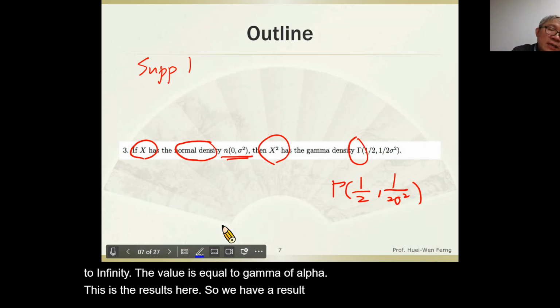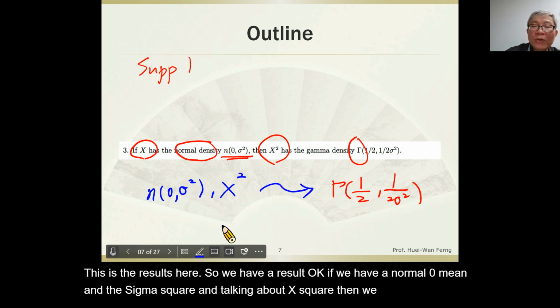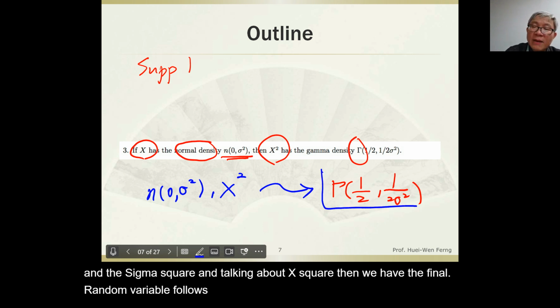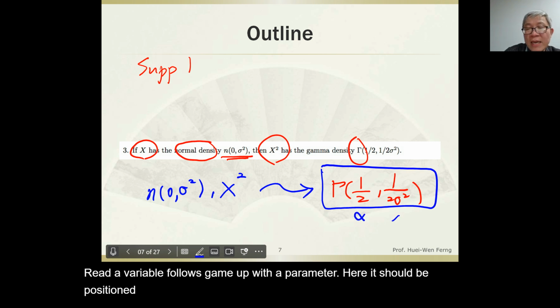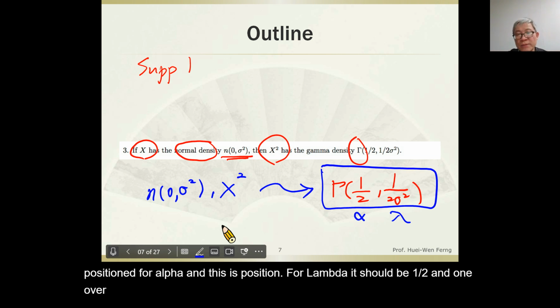If we have a normal with zero mean and sigma square, and we take x square, then the final random variable follows gamma with parameters: this position is for alpha, and this position is for lambda. It should be a half and 1 over 2 sigma square. So this is the property.